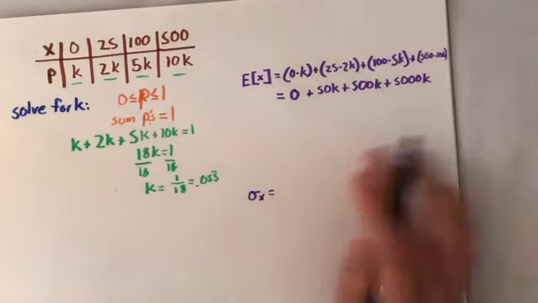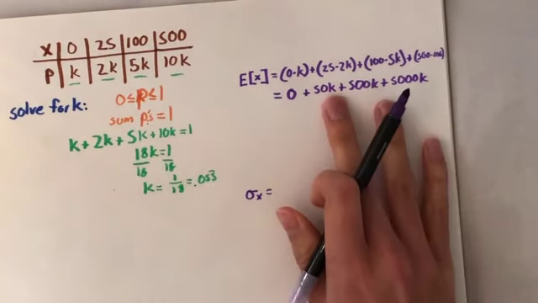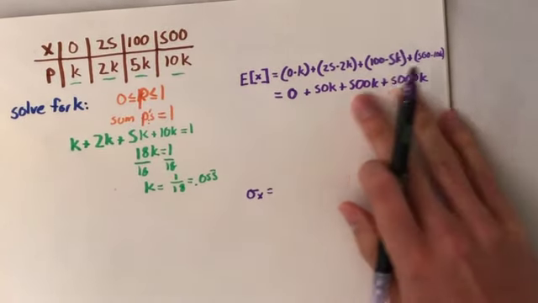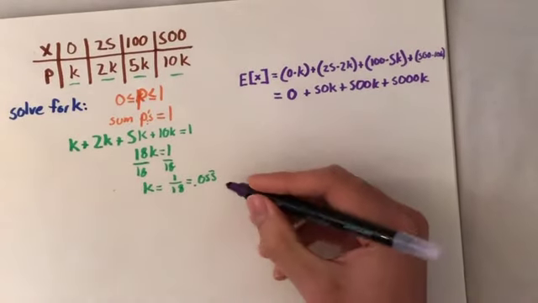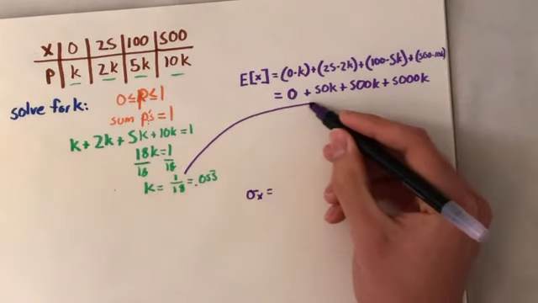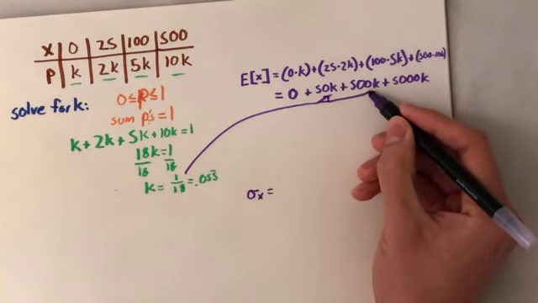Now I know that some people might add these up without remembering to substitute k in, but we know what k is. K is 1/18, so we need to plug it into each one of these.